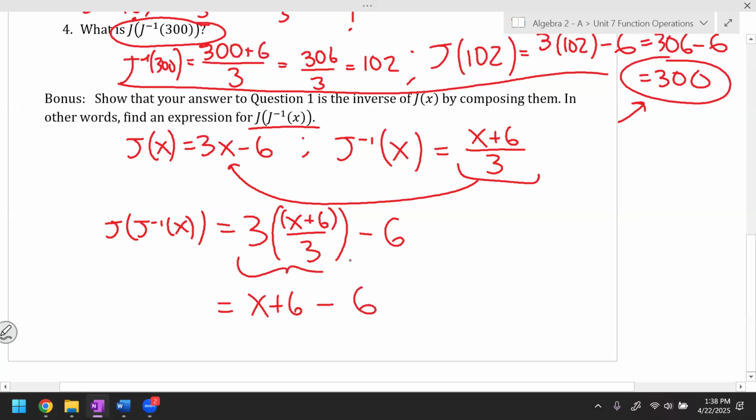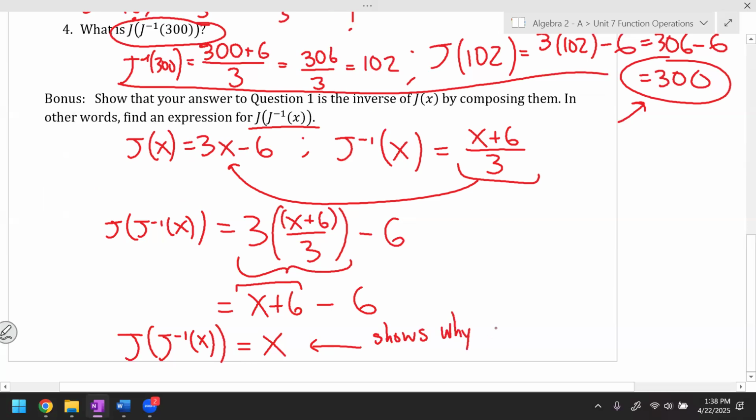So this first term here becomes x plus 6. And x plus 6 minus 6 is simply x, right? j of j inverse of x is simply x. And this shows us why these two expressions are inverses.